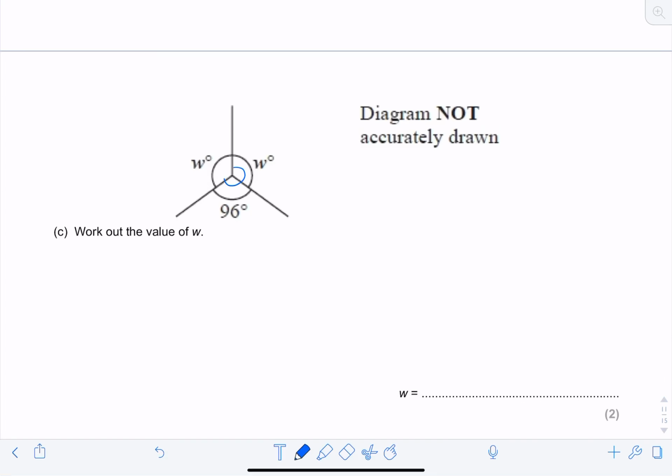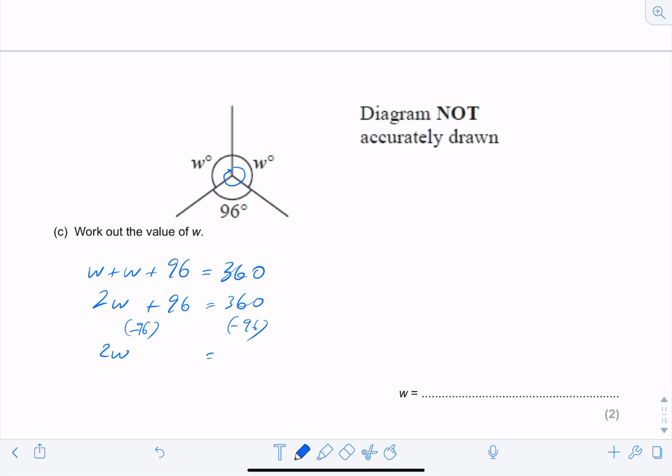Angles around a point, a whole turn is 360 degrees. So I know that W plus W is 2W, plus 96 equals 360, minus 96 from both sides. 2W equals 360 minus 96.